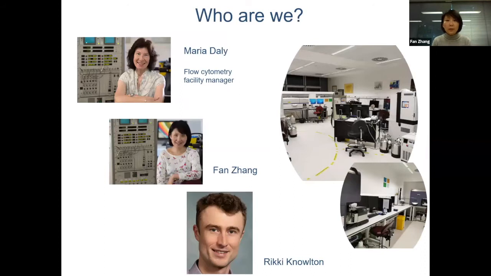There are three of us. Maria is the manager, me and Ricky. We're looking after two labs. The main lab accommodates all our sorters and some analyzers, and the smaller lab accommodates two high-end analyzers.